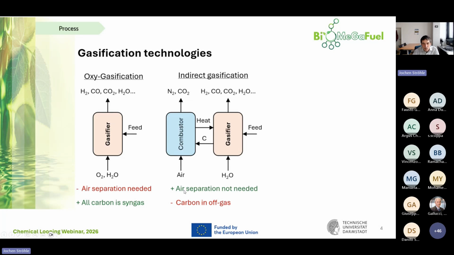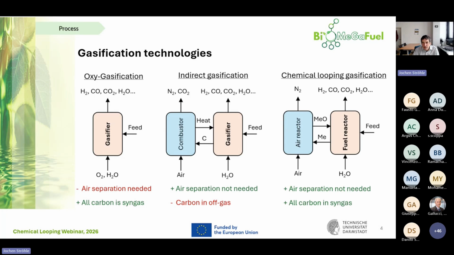But one drawback is that the carbon which is converted in the combustor generates CO2 at the exit of this combustor. So this carbon is not contained in the syngas and cannot be used in downstream processes, and the CO2 is emitted. If we want to avoid this emission of CO2, then we have to do a separate CO2 capture here.